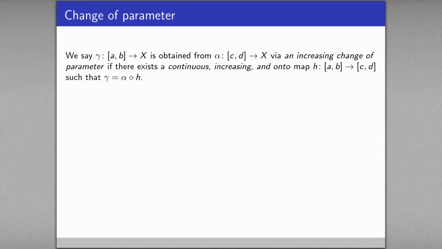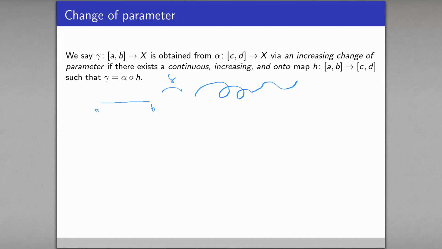So let's say you have one curve, one parameterization, let me use blue, from the interval AB into your metric space R^d. And let's say this is curve gamma.